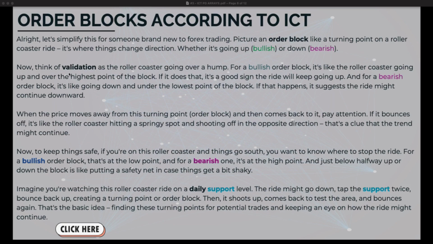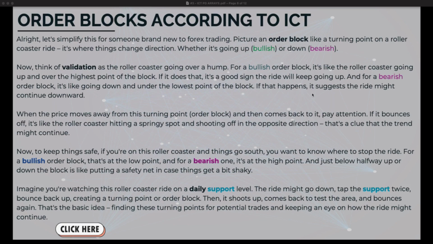Now think of validation as the roller coaster going over a hump. For a bullish order block, it's like the roller coaster going up and over the highest point of the block. If it does that, it's a good sign that the ride will keep going up. And for a bearish order block, it's like going down and under the lowest point of the block.